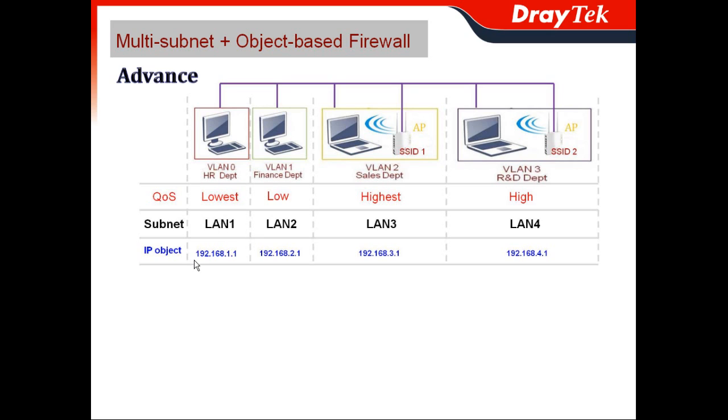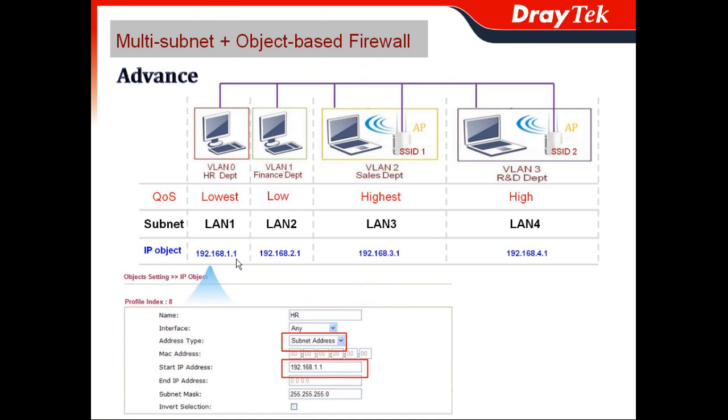In the IP object, it actually is 192.168.1.1, which you can use in the object settings, IP object section. For example, you name the IP object as HR, and when you choose the address type, we choose subnet address, then you can plug in the IP object belonging to the subnet LAN 1 belonging to the HR department. So it can ease your setting for the firewall rules.